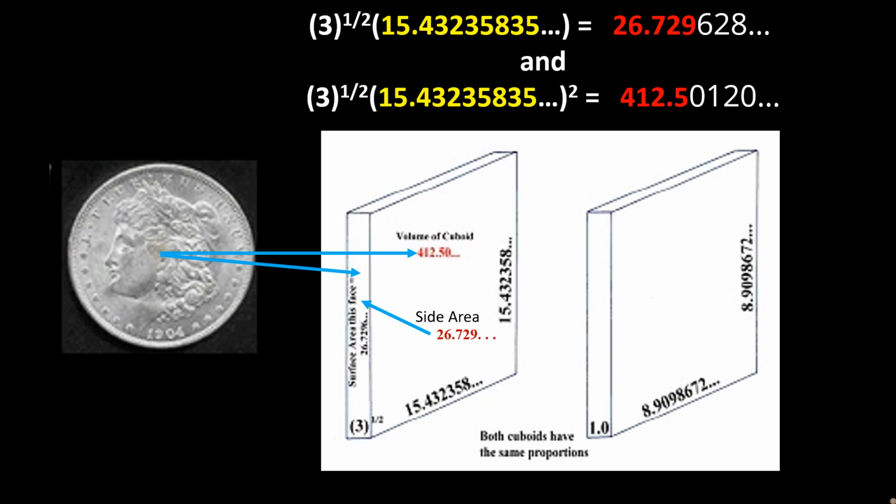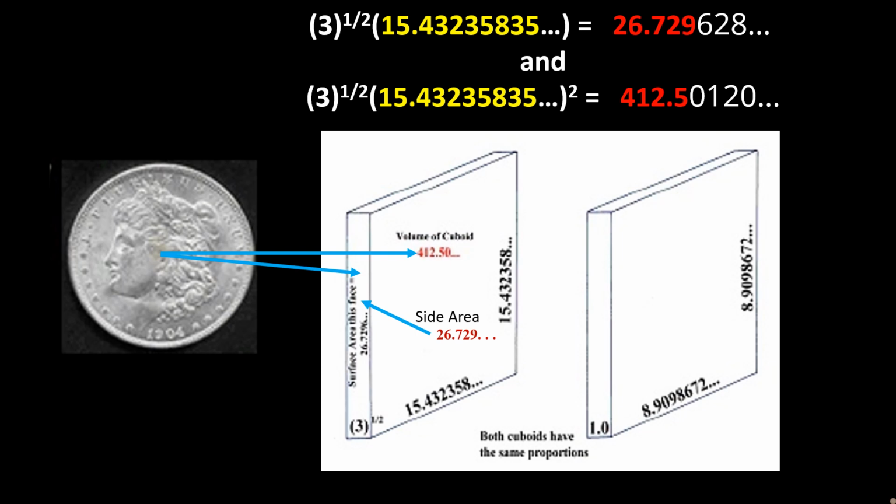Conspicuously, the edge length of each of its 2 square face planes is the same as the 15.432 grain-gram conversion ratio, and the area of each of its four rectangular sides is 26.729 square units. Again, the weight of the silver dollar coin in grams.